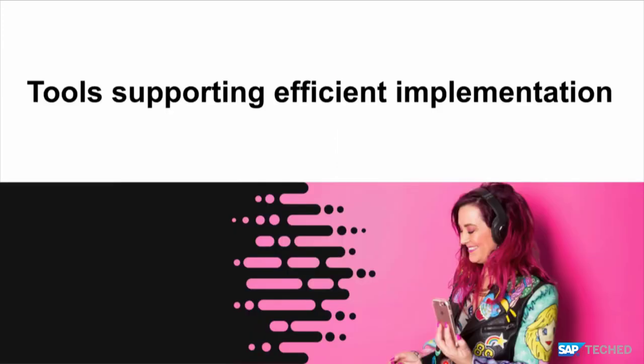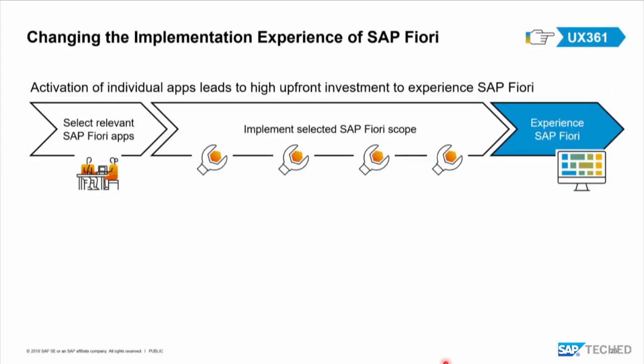Okay, now after we have understood some fundamental things, let's take a look at how to implement this whole stuff. Especially how to implement the complete navigation network for Fiori. As I mentioned, if you start implementing Fiori by cherry picking apps, meaning you go to the apps library, you find some apps you think are interesting, you do a fit gap analysis, and then come to the conclusion, okay, I want to implement 50 Fiori apps.